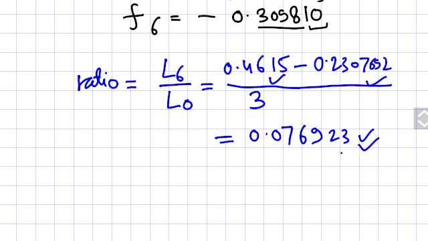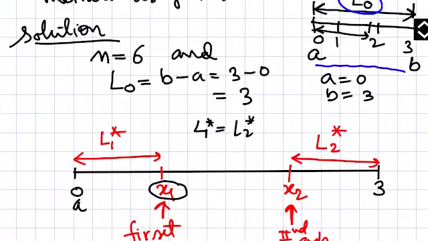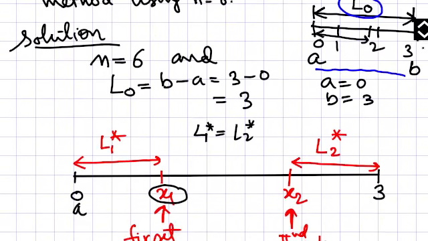That is, you have made your certainty level up to 0.076 fraction of the first interval of uncertainty, that was 3. So this way you have made your guess more precise, so now you can say that the minimum will lie in this particular interval. First it was this, now you have made it more constricted.